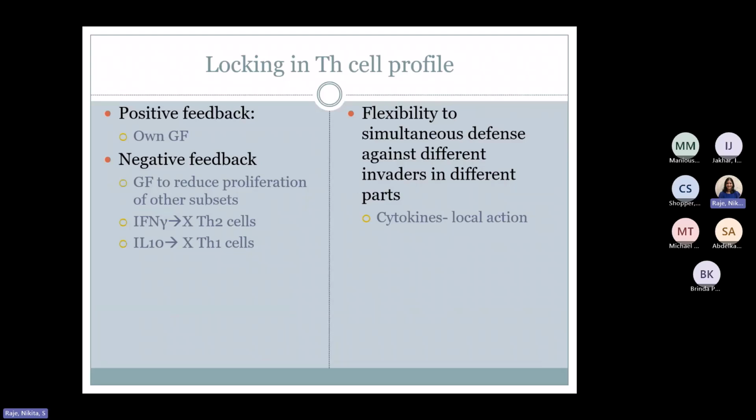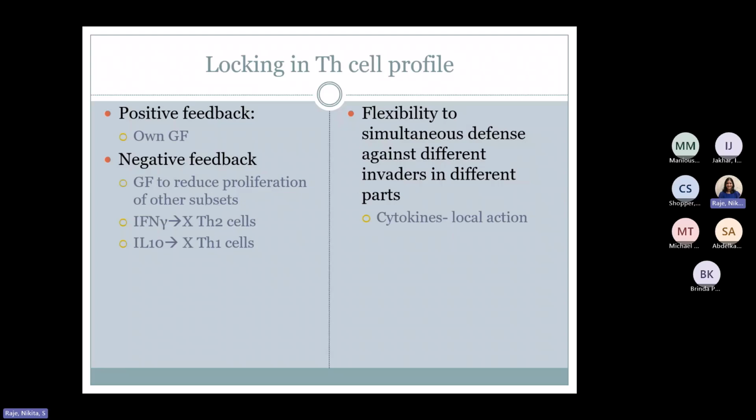Also, you have to realize that there is a lot of flexibility of simultaneous defense against different invaders in different parts. Say someone has a flu, but at the same time, someone has an allergic reaction to something. If all the Th subsets are just Th1 subset because they are trying to fight that flu virus, then what happens when there is some allergic reaction, or say there is a skin abscess and extracellular bacteria somewhere? You cannot have Th2 or Th17 subset of cells if there was no flexibility.